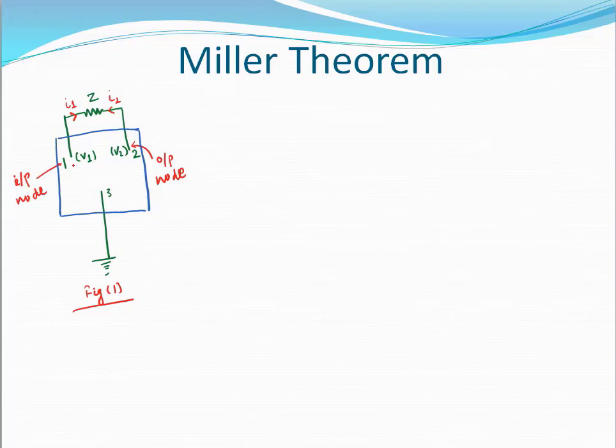The voltage at node 1 is taken as V1 and the voltage at node 2 is taken as V2, and the current flowing from node 1 is considered I1, and the current flowing from node 2 is considered I2, across the impedance terminal Z. According to the Miller theorem, this impedance would be broken into two parts.